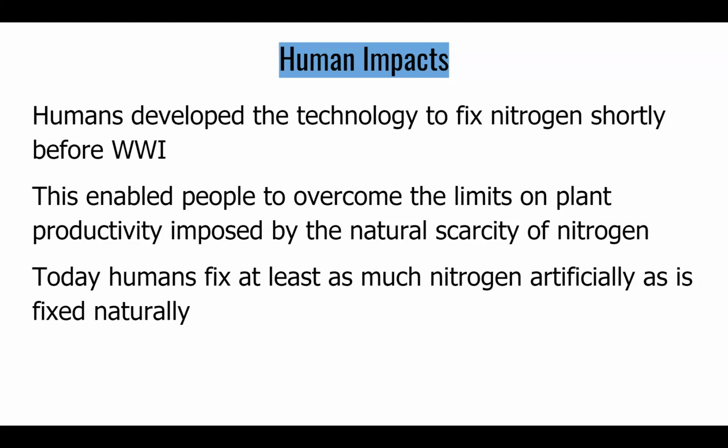So today, human beings process just as much nitrogen, if not more nitrogen, than happens naturally. So we have kind of overtaken the typical rates of nitrogen fixation. And there is some controversy about how much we do this, and there are some limits set in place by certain regulations.